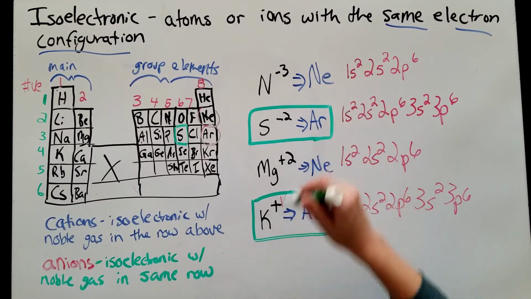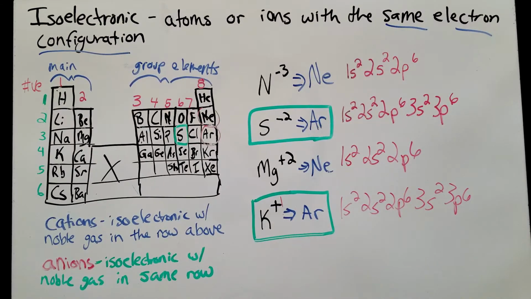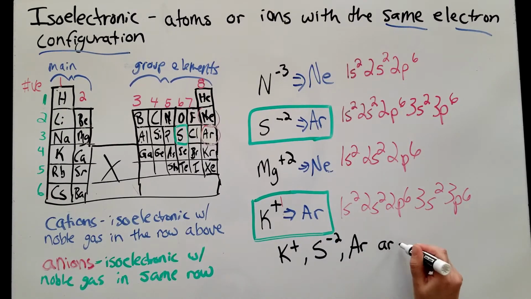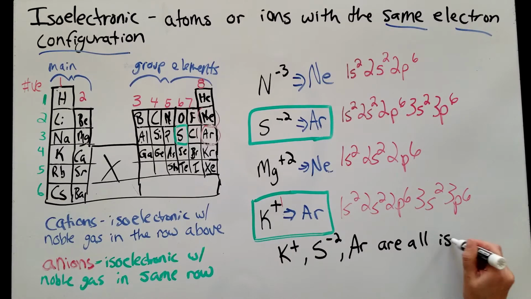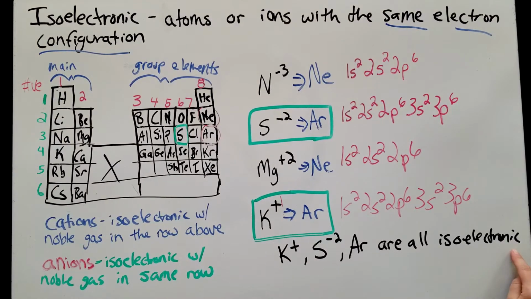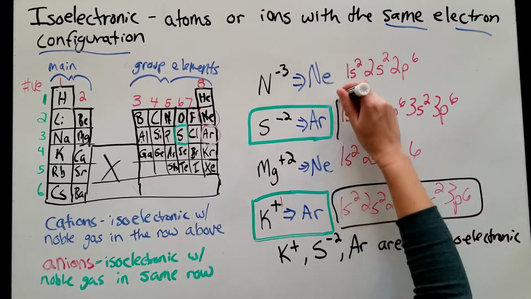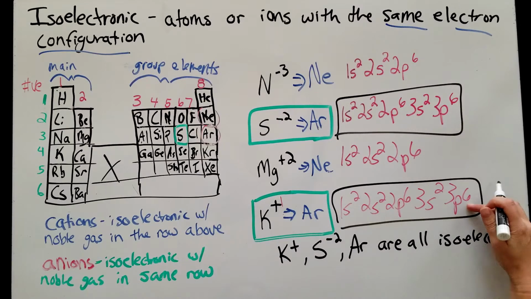So what this means is that K plus, sulfur 2-, and argon are all isoelectronic with each other. Because, by definition, isoelectronic means they have the same electron configuration. And if we check, because we wrote their electron configuration, yes, they do. They match up.